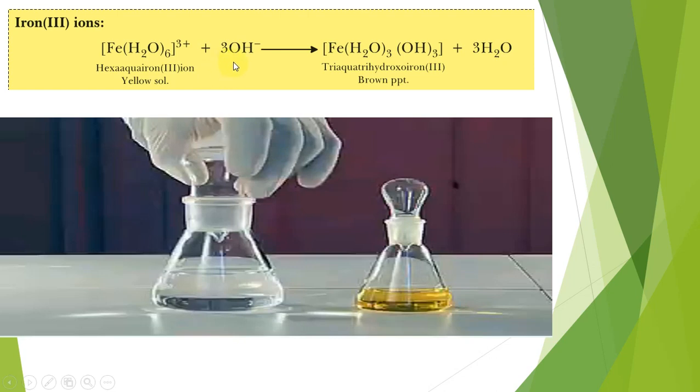When I add sodium hydroxide, it means that when I add OH ion, the OH ion reacts with the iron 3+ to produce Fe(OH)3. This is the compound which is formed after the reaction, tetraaquadihydroxo... trihydroxoiron(III). Now Fe(OH)3 is formed.